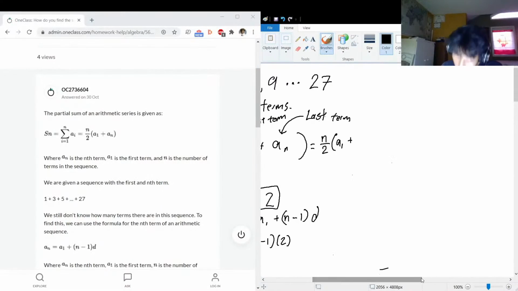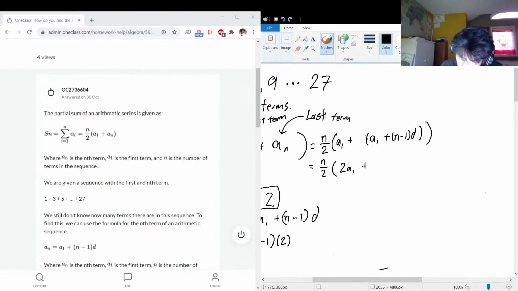So that would be a1 plus n minus 1 d, which is equal to n over 2. Well, we can just remove the brackets. So it's 2 a1 plus n minus 1 times d.